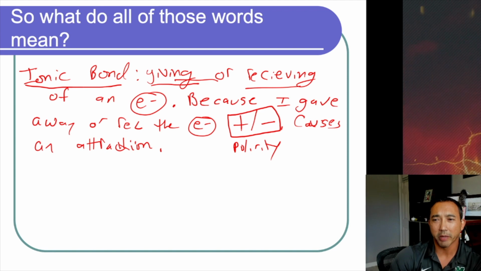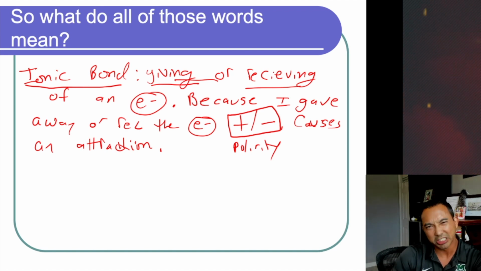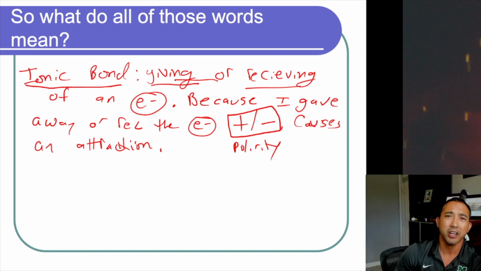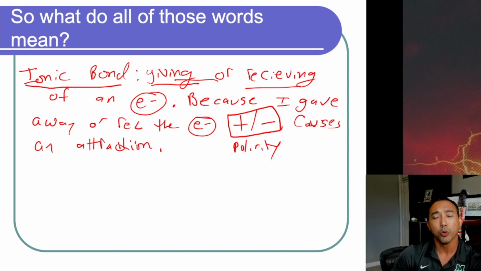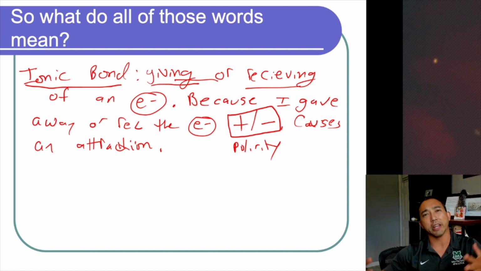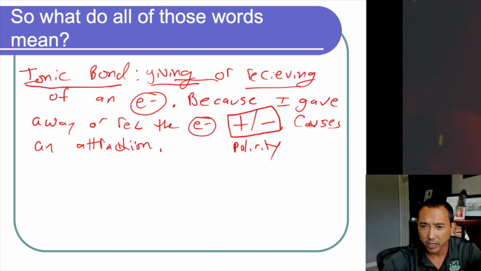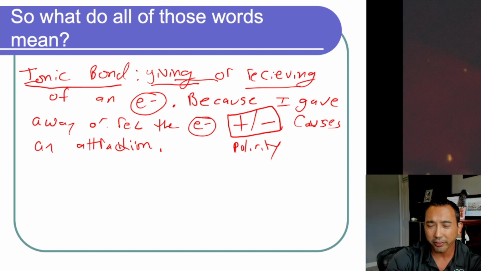So, my sloppy handwriting, but you get it, right? Giving and receiving of an electron, because I gave away or received the electron, it causes a plus and minus charge. That is called polarity, which then will cause an attraction, aka they're stuck together like magnets. Good. Now, I'm going to erase this. If you want to read it, just pause it.